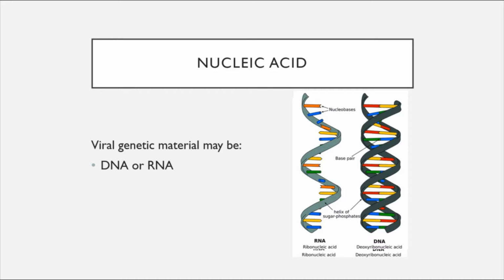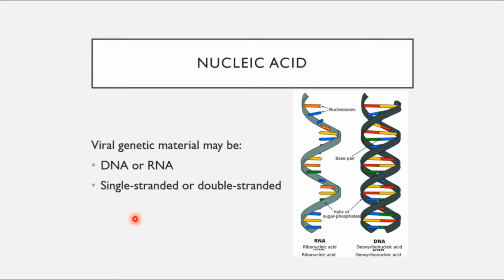We learned about RNA in our previous chapter, and we learned that it is an intermediary molecule that happens between transcription and translation in living cells such as our own. But in viruses, RNA can be the basic genetic material. Nucleic acids can also be single-stranded or double-stranded.